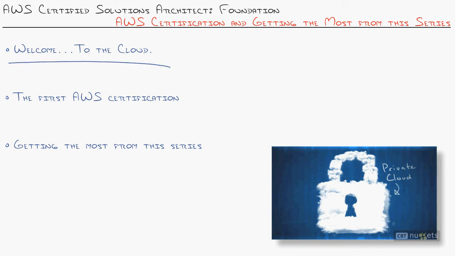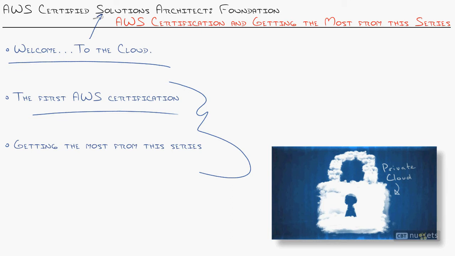What we're going to be talking about here is the cloud. Welcome to the cloud, at least as a high-level view as it relates to Amazon Web Services. I'll talk about what we're going to be doing here. Then we'll look at the specifics of the first AWS certification. The Certified Solution Architect is the first certification Amazon has come out with.